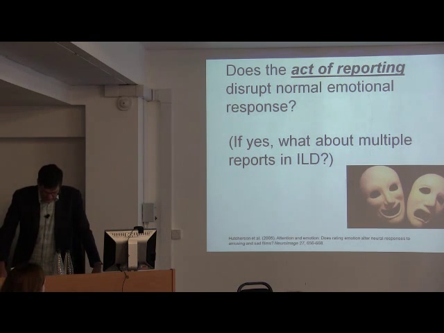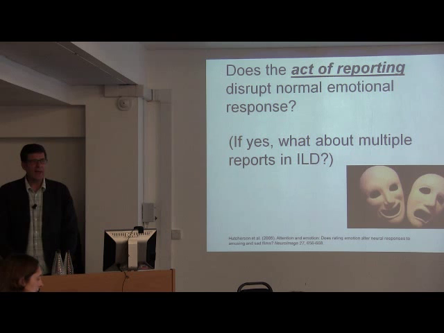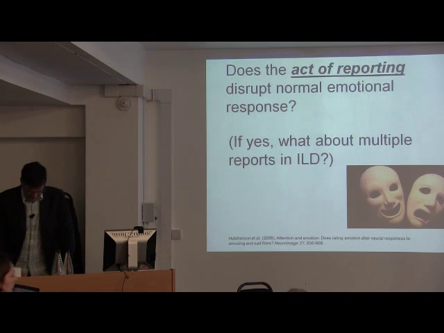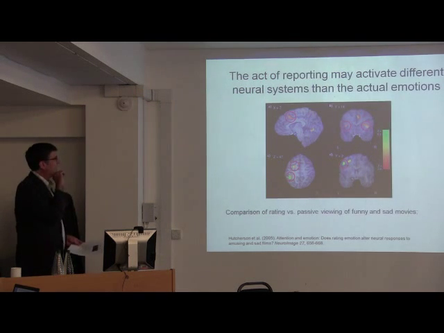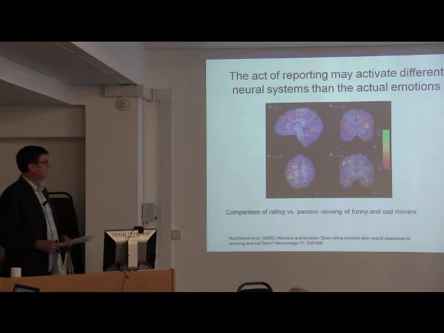Hutcherson and colleagues used functional neuroimaging to actually look at how reporting on emotions affected different areas of the brain. They used emotion-eliciting funny and sad films and employed a novel method of continuous self-reported rating of emotion experience and compared the impact of rating with passive viewing of these funny and sad films. And what they found, in fact, is that the act of reporting didn't activate different neural systems.